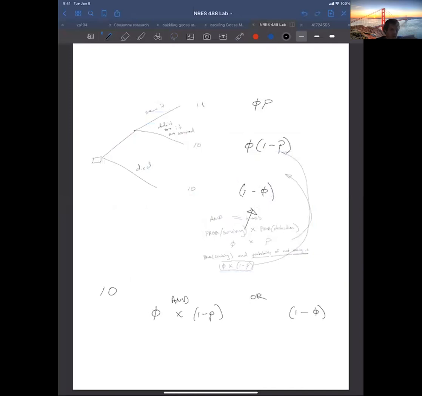And when we have "or", that's when we use addition. So this is the total probability for seeing a 1 and a 0.